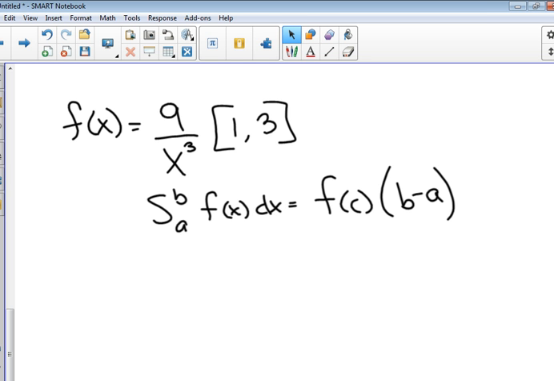Guys, for the first part, when you're actually doing the integration steps, you should get 4.